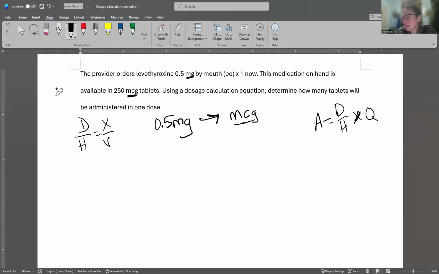Your conversions are in your textbook starting on page 48 and 49. The metric system is in increments of tens. If you go back to learning about the metric system and conversions, it all has to do with decimal places and whether you move the decimal to the right or to the left, or you can multiply times 10, 100, 1,000, that type of thing.